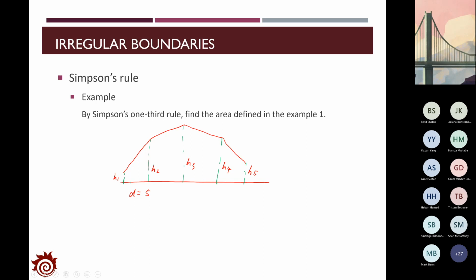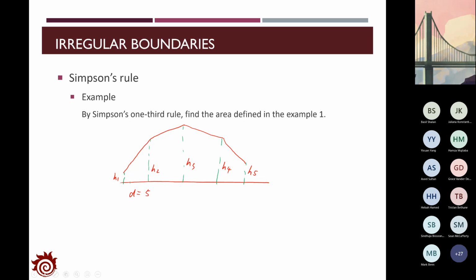So let's see another example, which will be the same example as the first one, but here we want to apply Simpson's rule to calculate the area behind the boundaries.